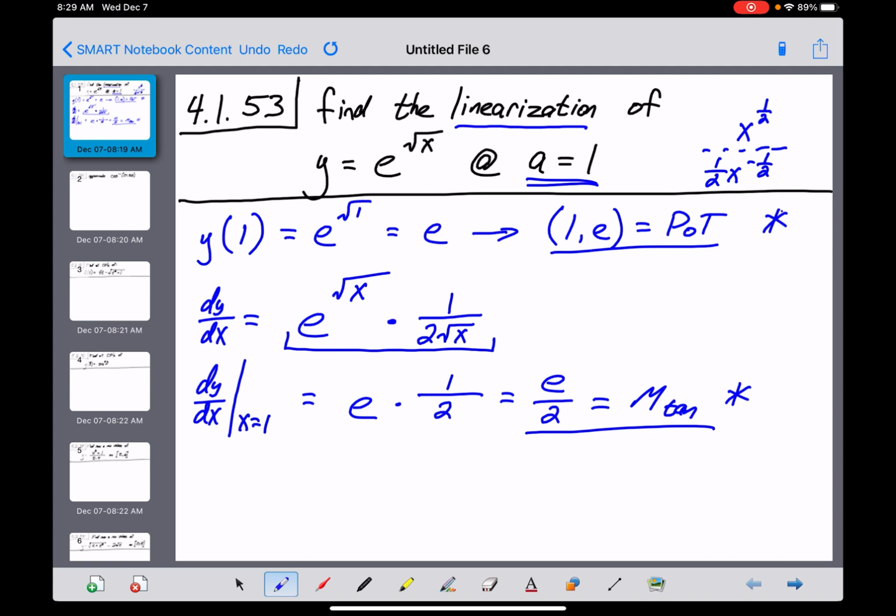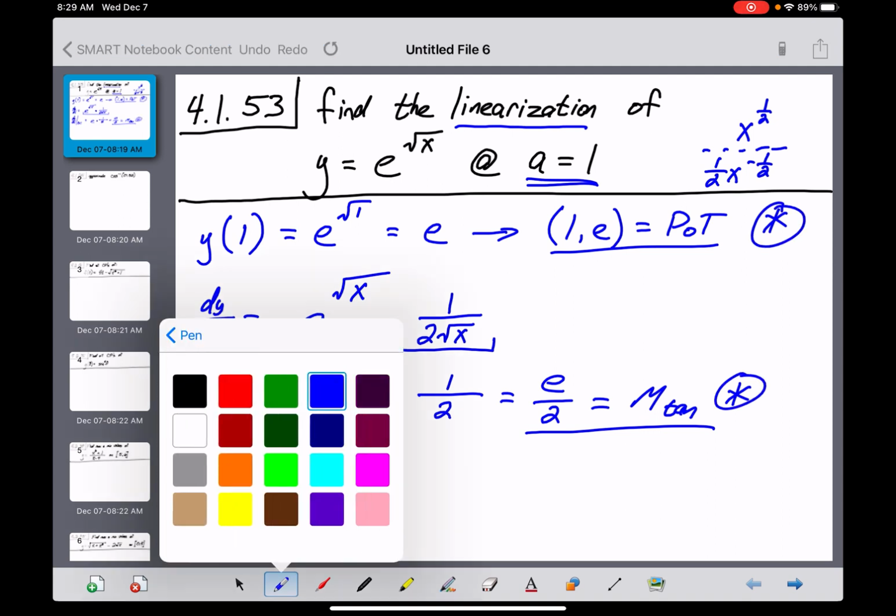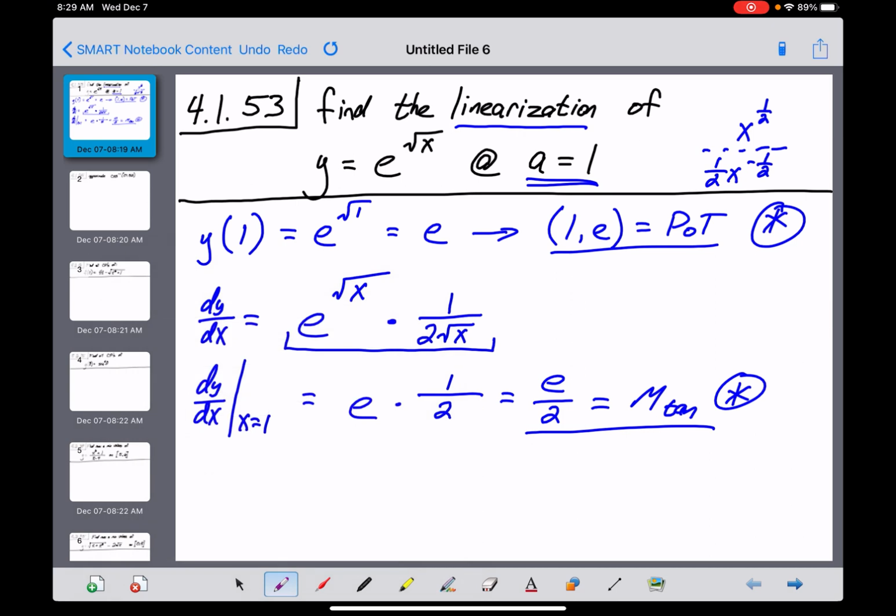So, with these two pieces of info right here, that should be everything we need to get the equation of our tangent line. Starting in point-slope form, it's going to be y minus your y coordinate here, which is e, equals your slope, e over 2, and then in parentheses, x minus the x coordinate of your point of tangency, which is 1.